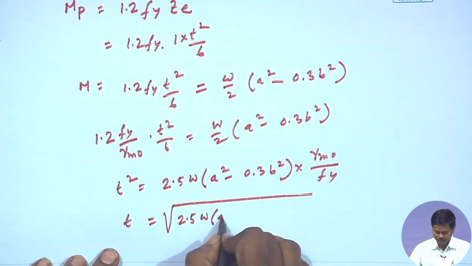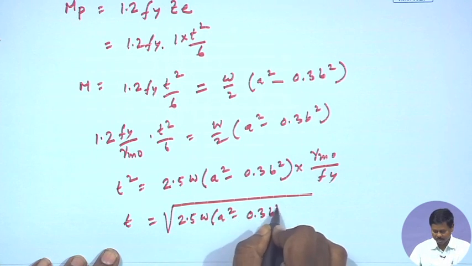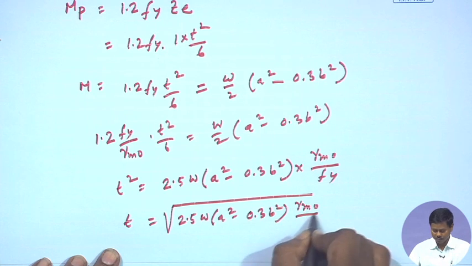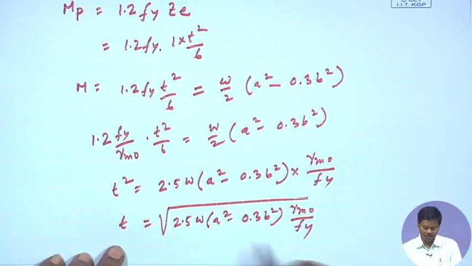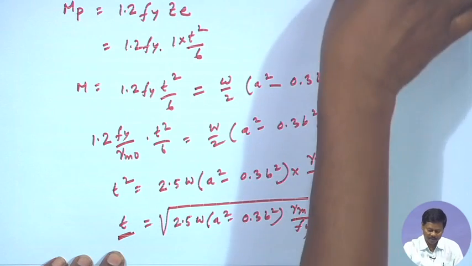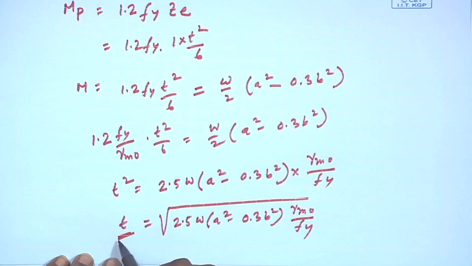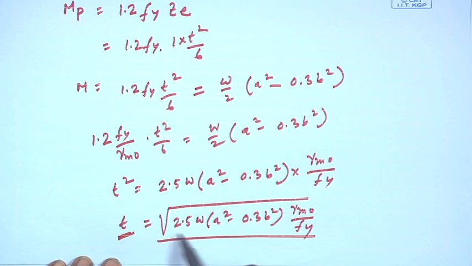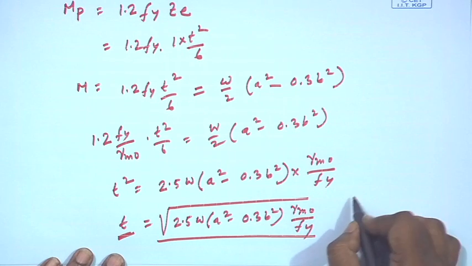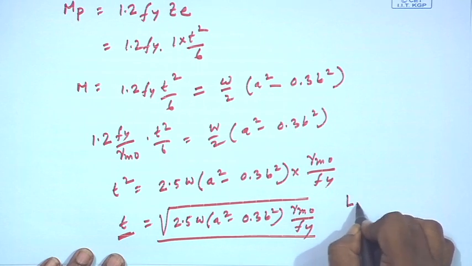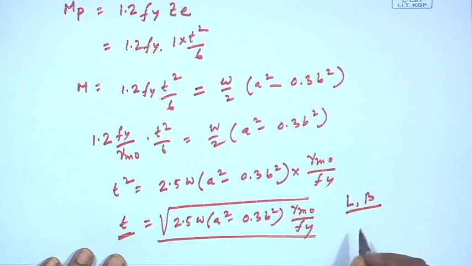This thickness of the base plate also is available in the code. This formula you can find in IS 800 2007, where it has been told that t is equal to square root of 2.5 into W into A square minus 0.3 B square into gamma m0 by Fy.